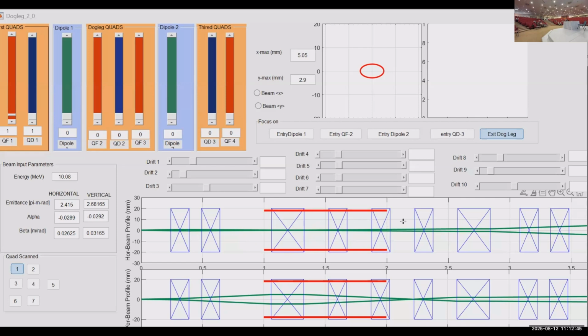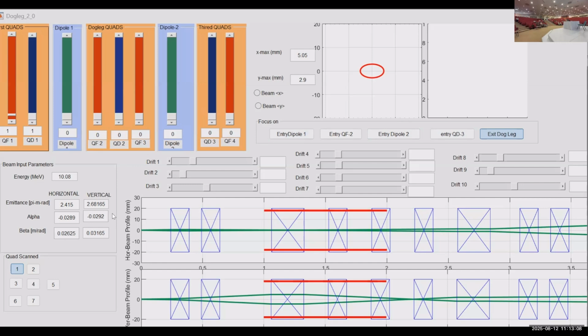And then we have three quadrupoles. They are used in triplet formation for certain reasons, and we are supposed to focus the beam. This is the beam spot at certain locations. For example, this is a dog leg. I will talk about it in detail at the end of the lecture, just to have a flavor of it.